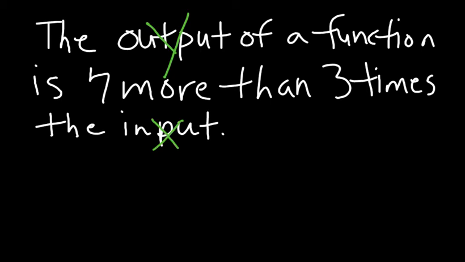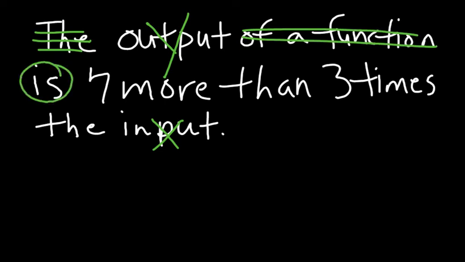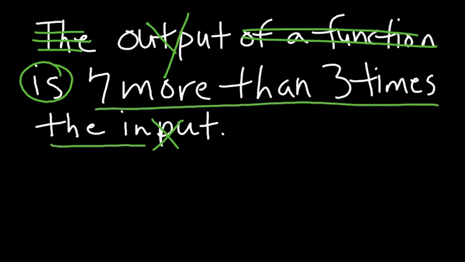Now let's think what this says. Okay, let's get rid of some words we don't need. We don't need the. We don't need of a function. We need is, because is means equals. And we need 7 more than 3 times x, because remember, input is x.